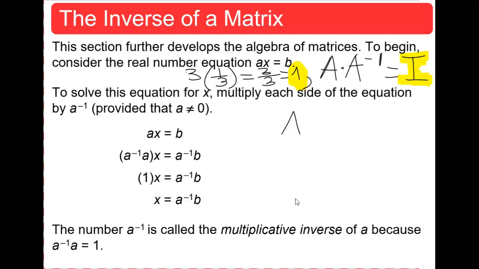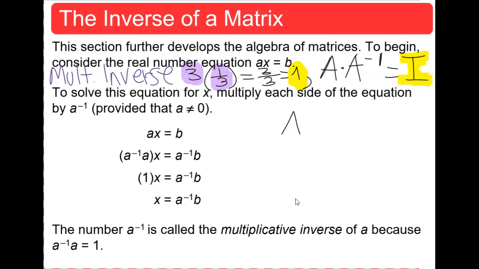So the numbers 3 and 1/3, they are related because they are reciprocals of each other, but they're also multiplicative inverses. And we do use the word multiplicative because the additive inverse is a completely different thing.